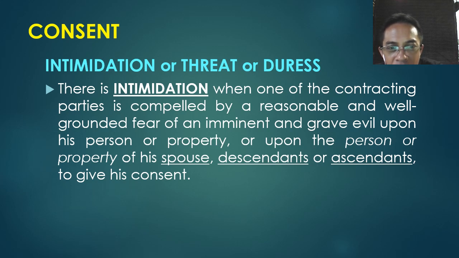Pwede rin nila takutin para mag-pirma ka. Okay? So, if you look at this, wala namang sinabi dito, uncle, aunts, or nephews, nieces. Ito lang sinabi: spouse, descendants, and ascendants. Wala sinabi neighbor. So, according to law, ito lang, spouse, descendants, ascendants.